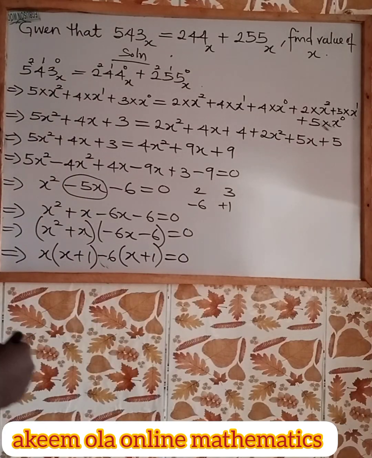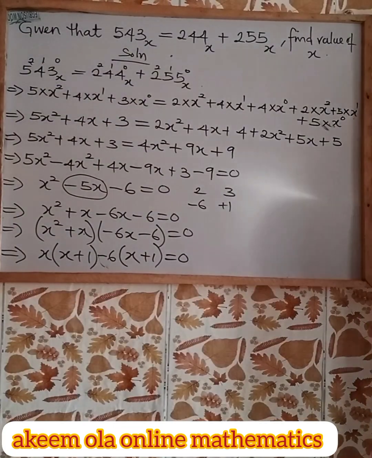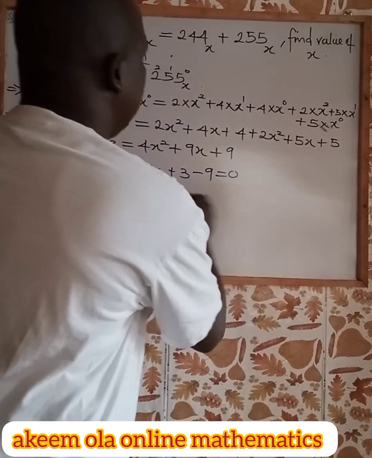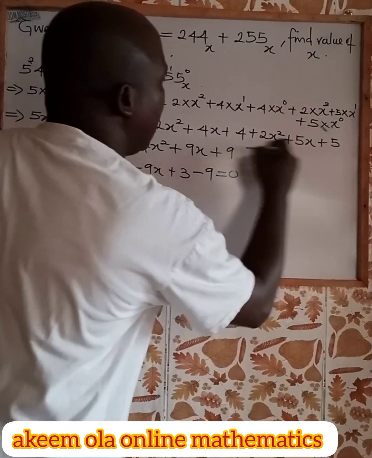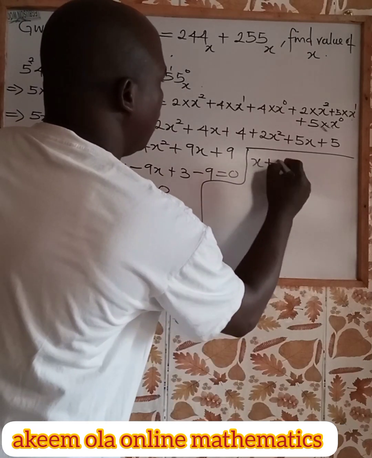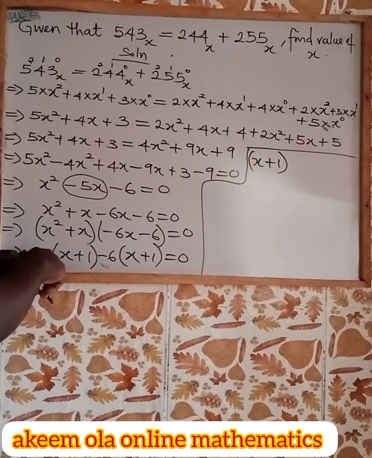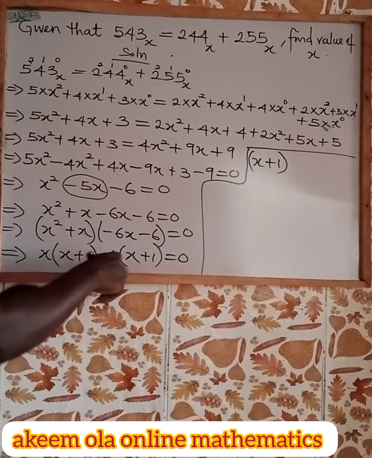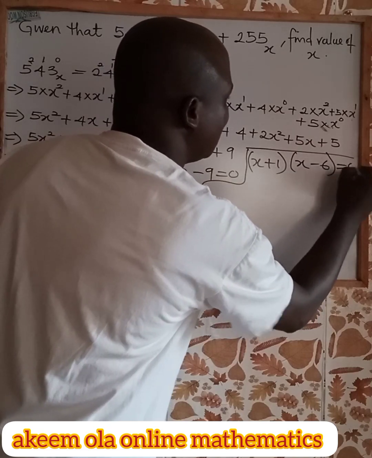So from there, we can now equate the brackets to 0. We have x plus 1, the one you pick from the bracket, and then the other one, x minus 6, is equal to 0.